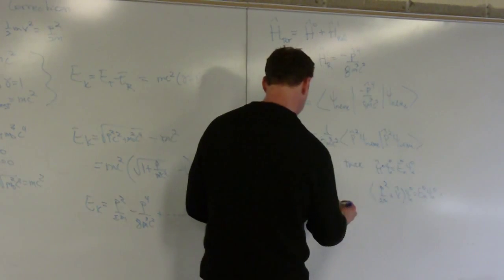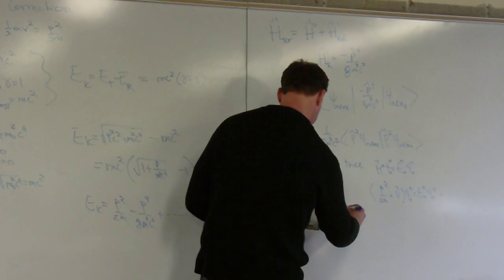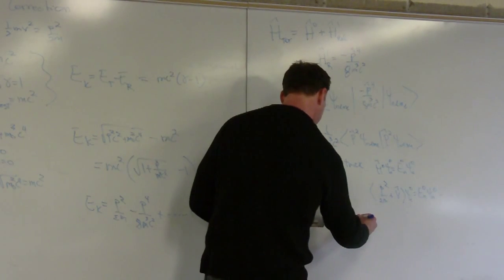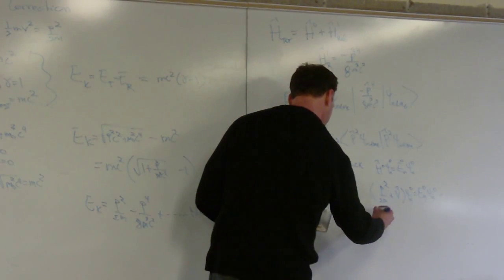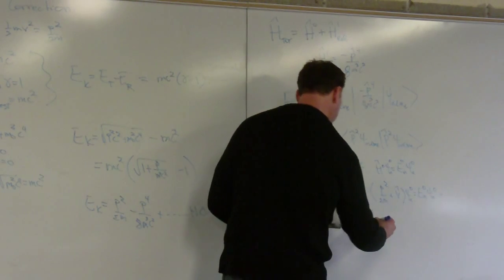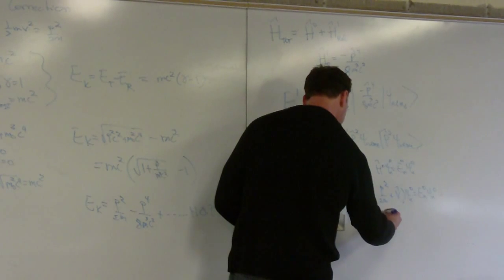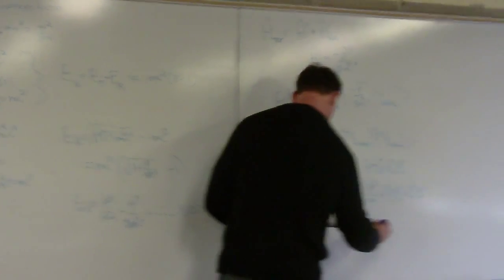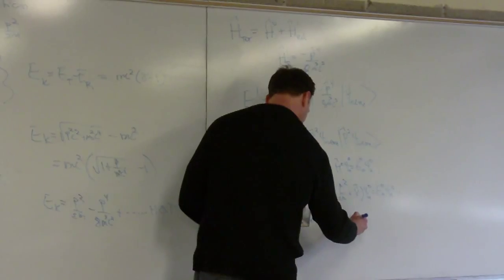Or, you ready? p squared times psi n0 equals 2m times En0 minus V times psi n0.